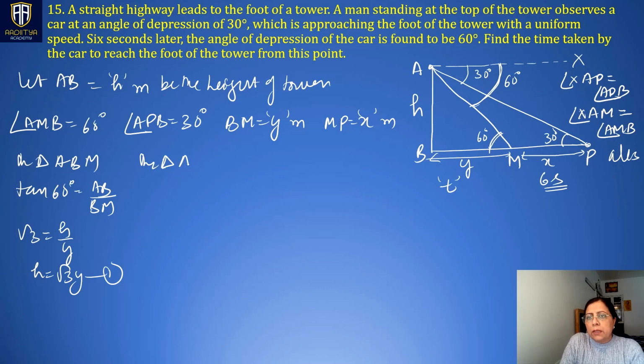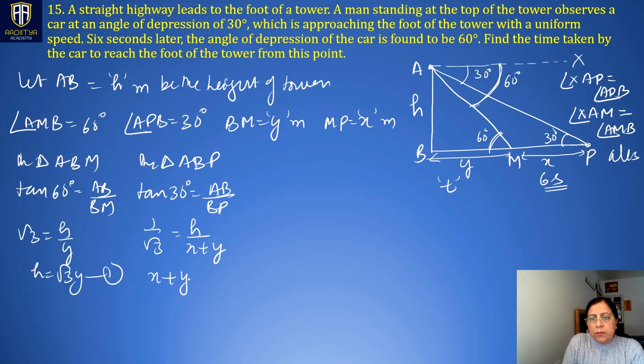In triangle ABP, tan 30 degrees is equal to AB upon BP. 1 by root 3 is h upon BP, which is x plus y. So we can write x plus y is equal to root 3h. Right? What we can do here is substitute the value of h.